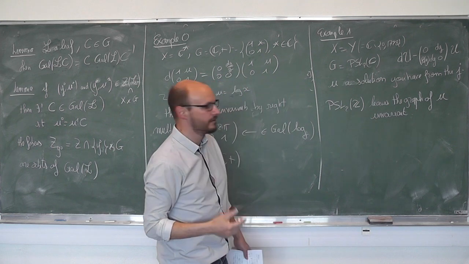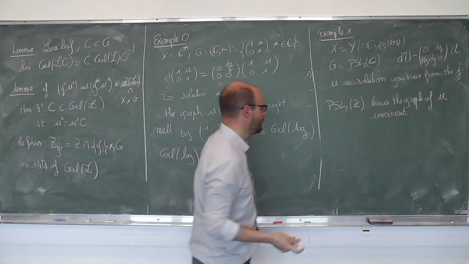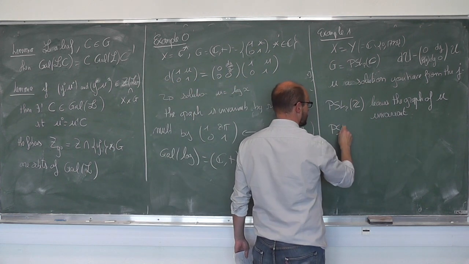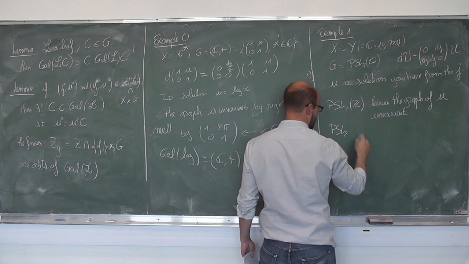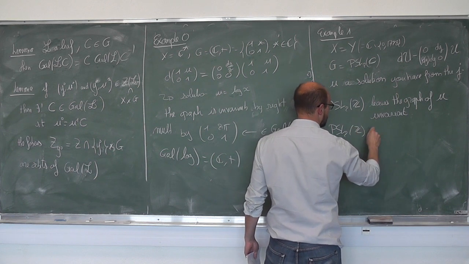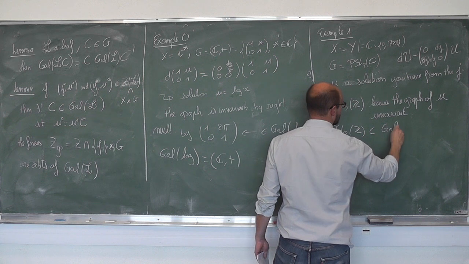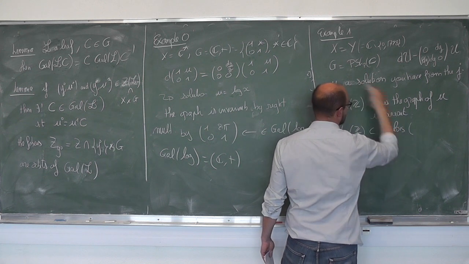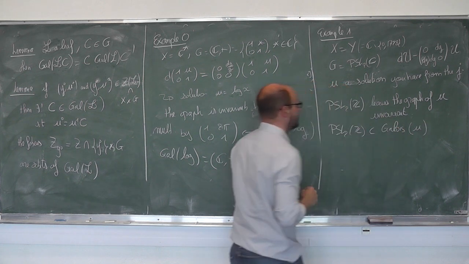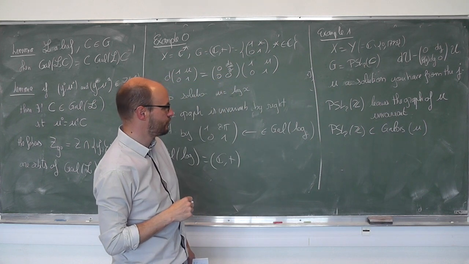Then it will preserve the Zariski closure, then it will be in the Galois group. PSL2 of Z is in the Galois group of this local solution you have chosen.